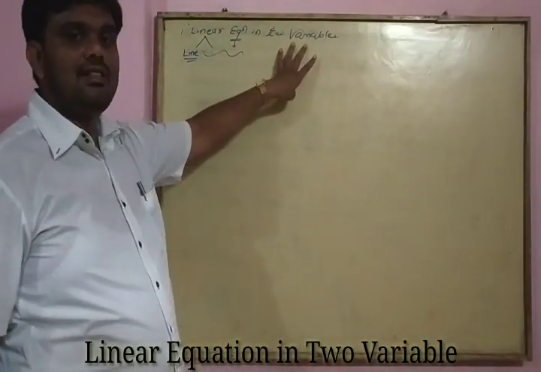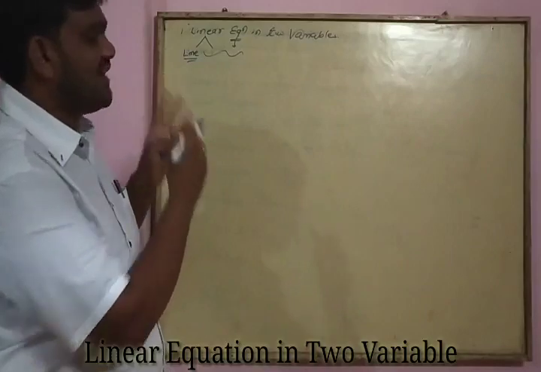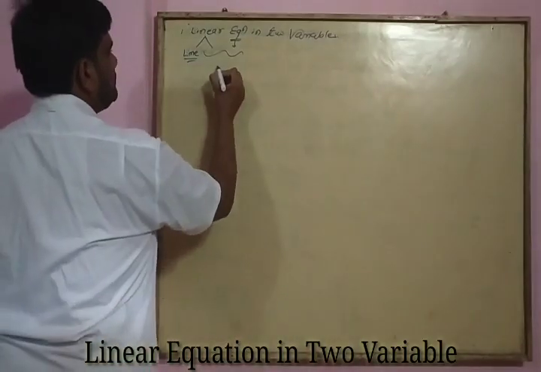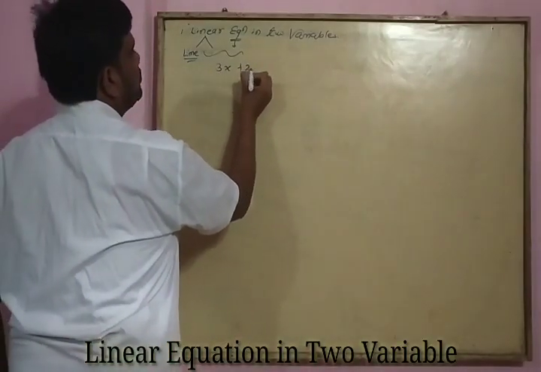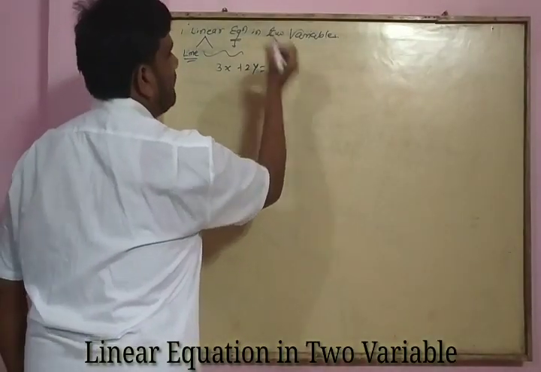Now variable. We will discuss one example here: 3x plus 2y equal to 5.